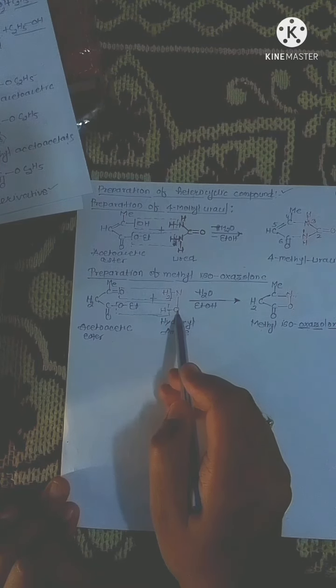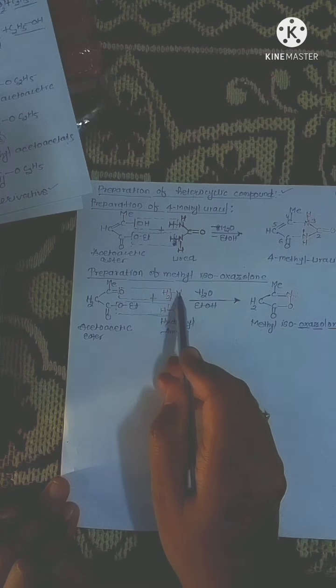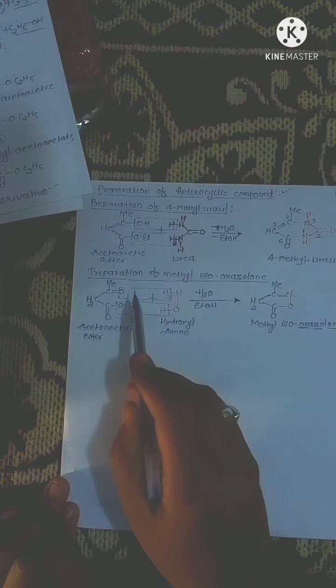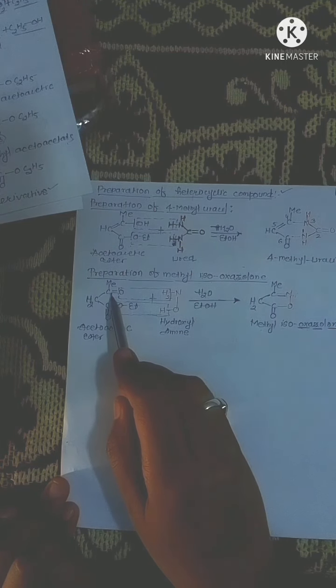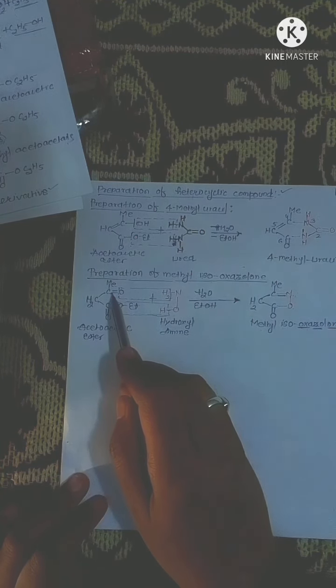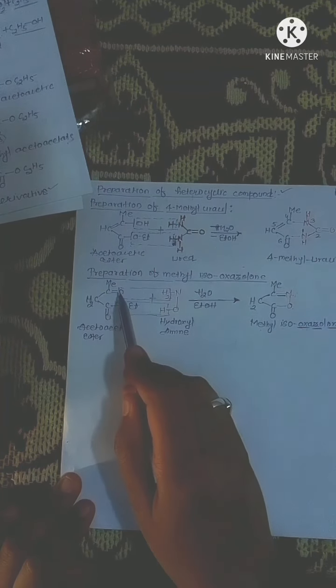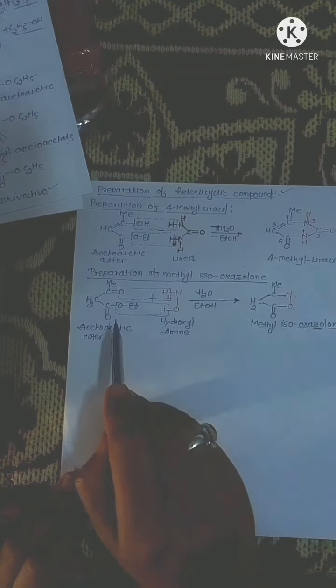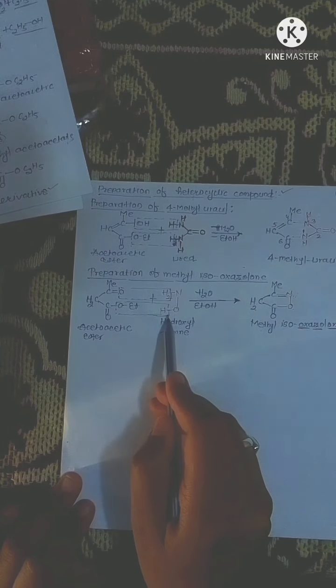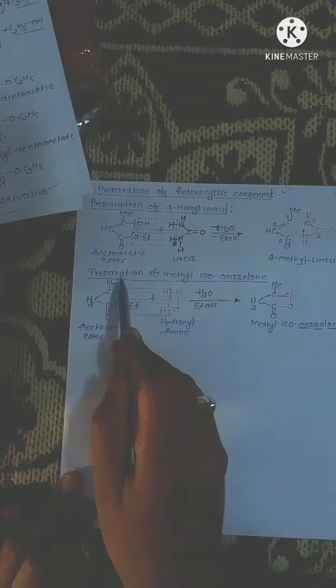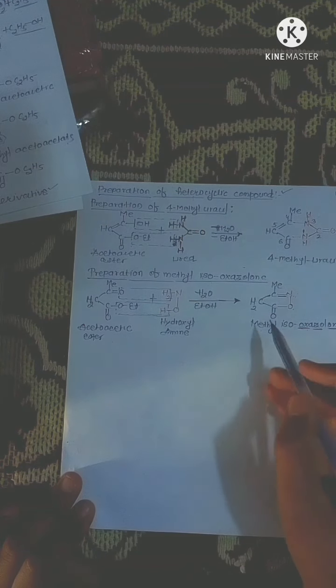It is NH2OH. So 2 hydrogens from nitrogen and the oxygen, which is part of your carbonyl group, undergo condensation. So minus H2O goes from here and EtOH goes from here. So all the molecule clubs together.